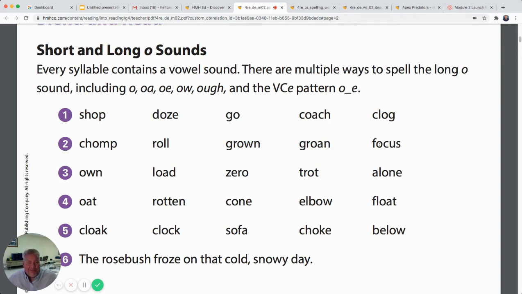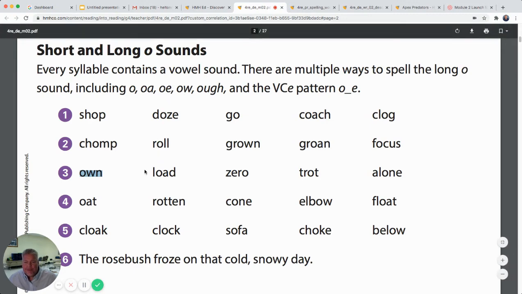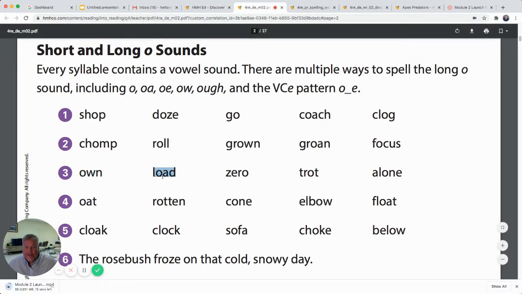Grown and groan. Two different vowel patterns to make the O sound. Focus. I hear the long O sound, made with an O. Own. OW pattern. Load. OA pattern. Zero. Just O by itself pattern.